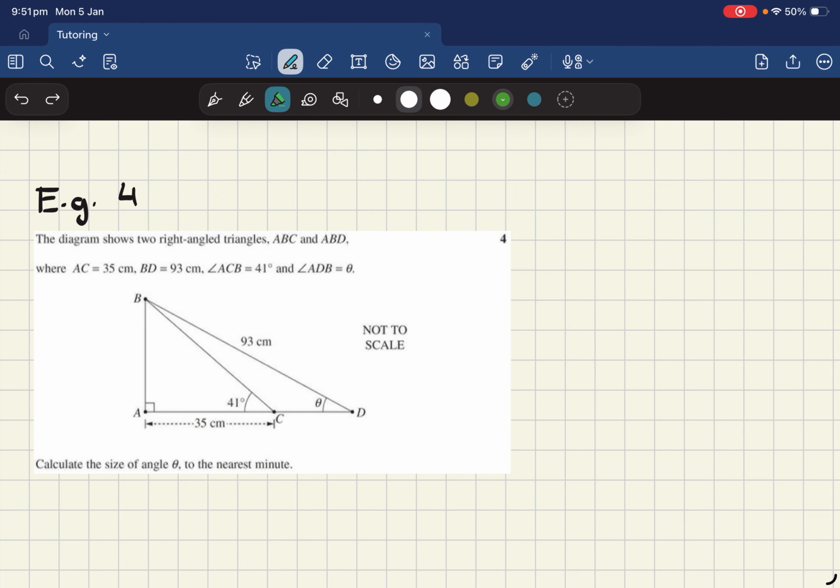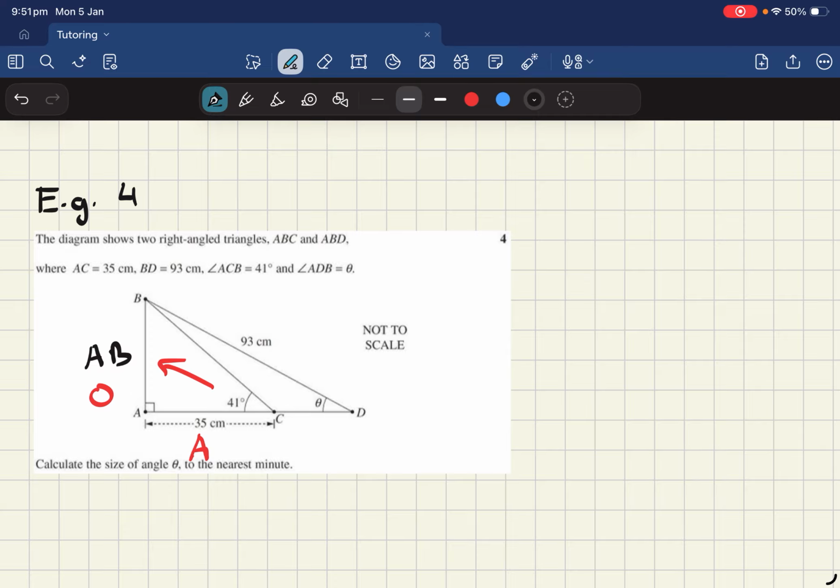Now, we don't know what AB is, but from the perspective of the angle we're given, let's actually just label this side AB. From the perspective of the angle, 41 degrees, AB is the opposite. And 35 centimeters is the adjacent side. Now, when we have opposite and adjacent, so tan is opposite over adjacent.